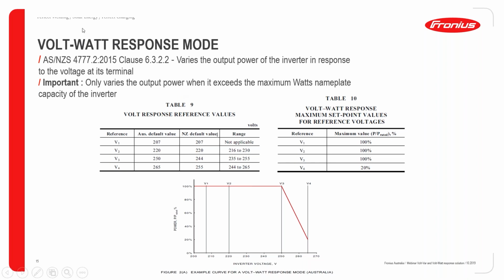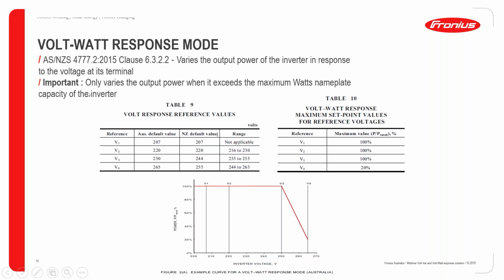If the inverter is a 5 kilowatt inverter and it's trying to produce the full power, then this response mode will come into play whenever we activate this functionality on a Fronius inverter. But if you've got a 5 kilowatt inverter and it's only producing 2.5 kilowatts, half of its capacity, it does not come into effect.